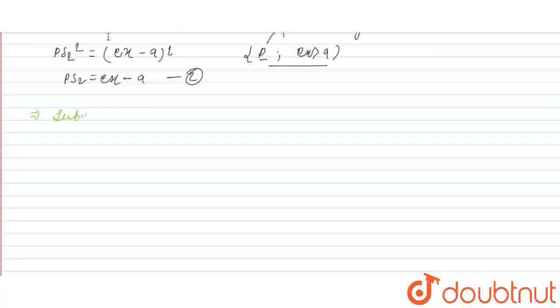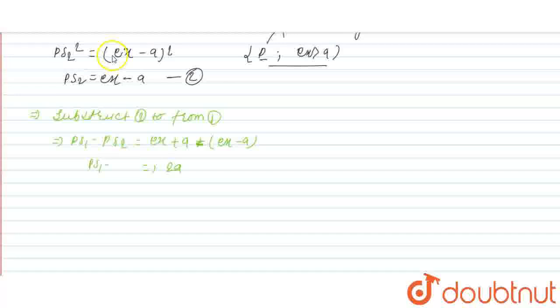Subtract 2 from 1, so we get PS1 minus PS2, which is (ex + a) minus (ex - a). From here the value will be 2a. So we are getting PS1 minus PS2 equals 2a.